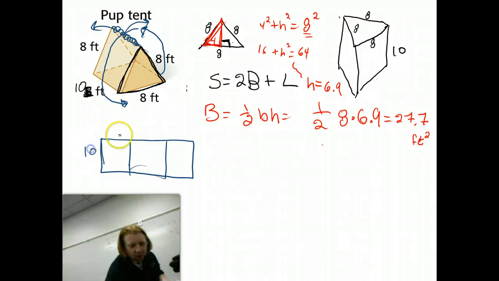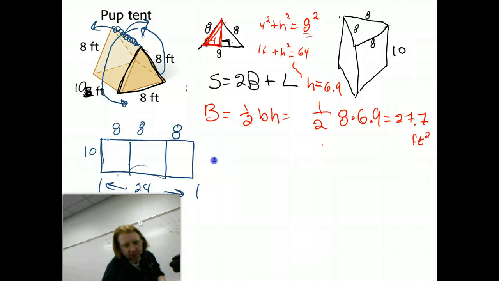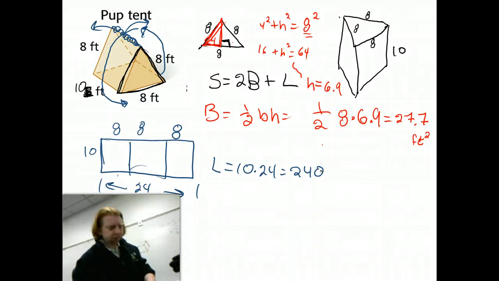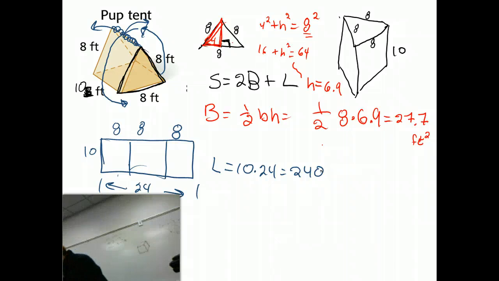It's 10 tall, and there's 8 here, 8 here, and 8 here for a total of 24. That means it has an area of 10 by 24, or 240. Put that down for now.